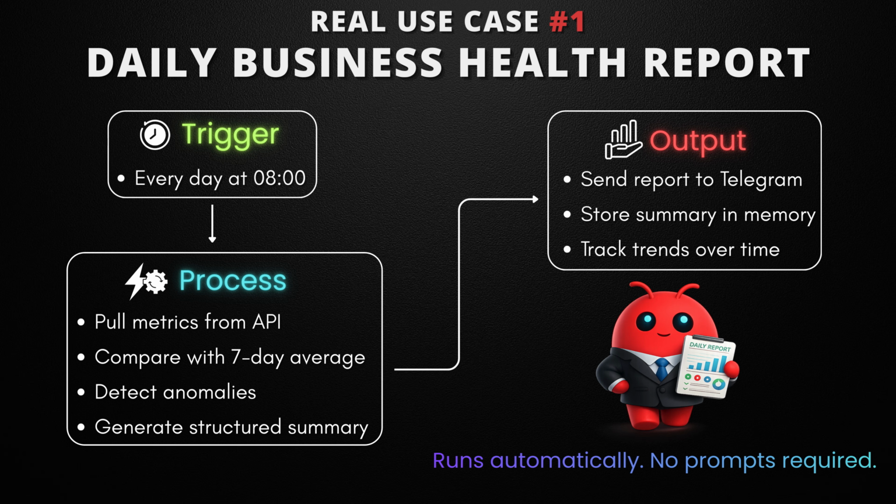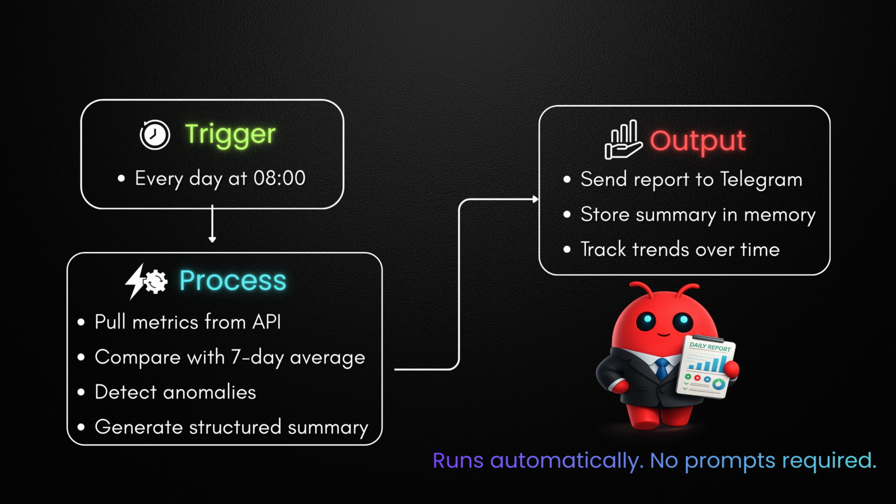That summary is automatically sent to you on Telegram, and at the same time, a condensed version is stored inside the agent's memory so it can recognize trends across weeks, not just days. You didn't open a dashboard, log into anything, or write a prompt. It just ran. This is where OpenClaw shifts from being reactive to being operational. And this kind of workflow doesn't make sense if it only runs when your laptop or Mac Mini is open. It's designed to operate continuously.